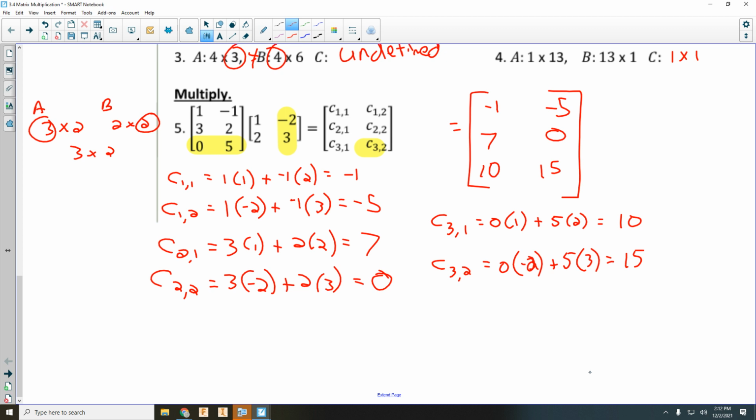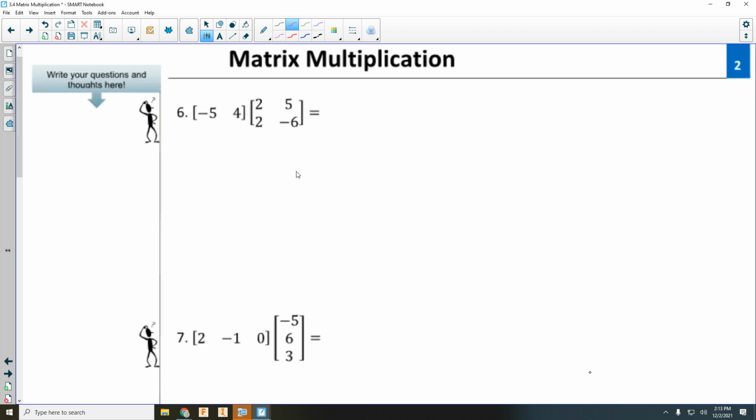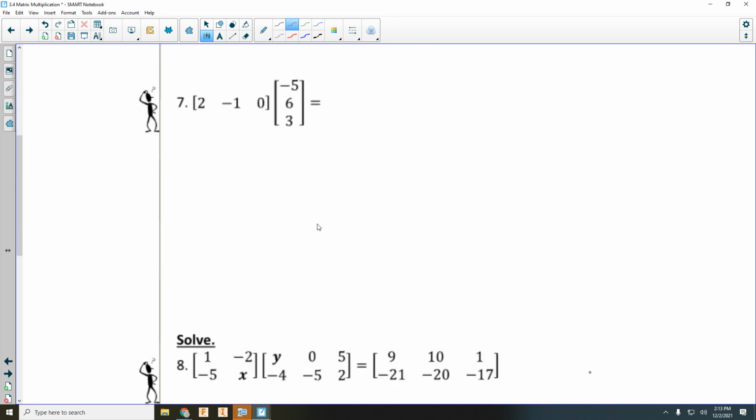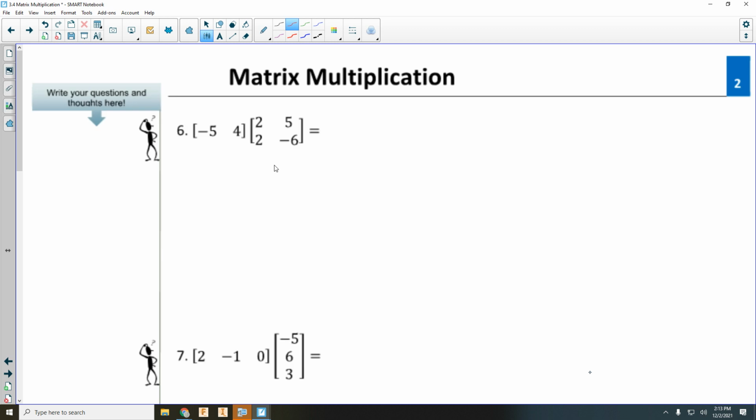We're doing that tomorrow, right? On the back, we do the same thing that we just did. 6 and 7 are just more practice.